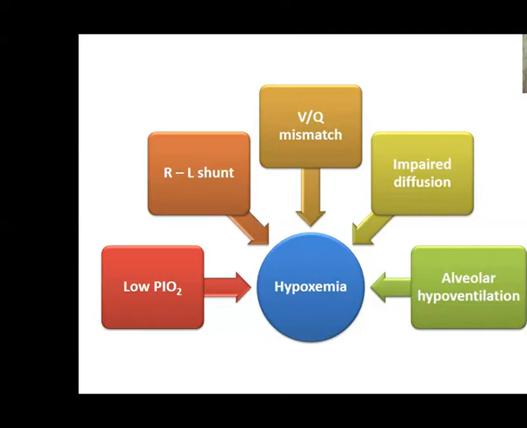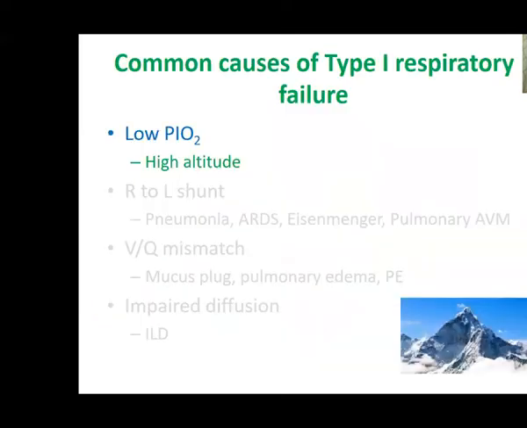If due to any reason the respiratory rate decreases or the amount of air which is going in, the tidal volume, reduces, all these cause alveolar hypoventilation. You can assume that for more practical purposes, less amount of air moving in and out of the lung is alveolar hypoventilation.